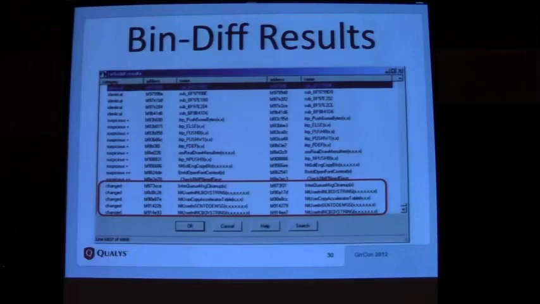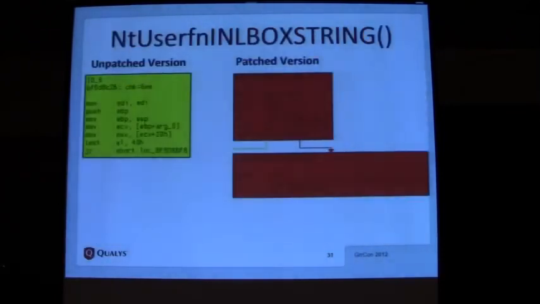So for our analysis, I took one of the functions, named xxxUser Fn InLBox String. Can everyone see this in red? What turbodiff tells us is that for this function there was a code block change. A couple of instructions were added here, and a whole block of code was added by the new version of the file.